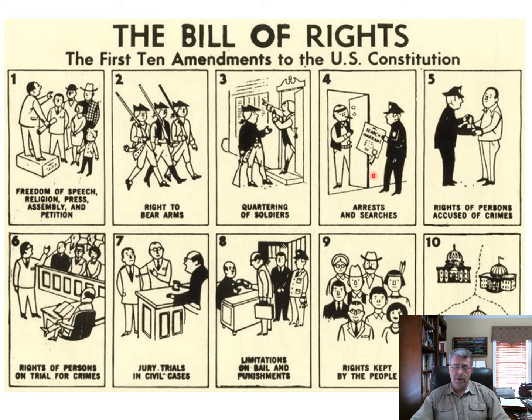The Fourth Amendment through the Eighth Amendment, all of these concern rights of people accused of crimes and trial proceedings and so forth and so on. And these are all tied closely to, if you remember our earlier discussions, the Vice Admiralty courts and the writs of assistance and how those seemed unduly arbitrary and abusive.